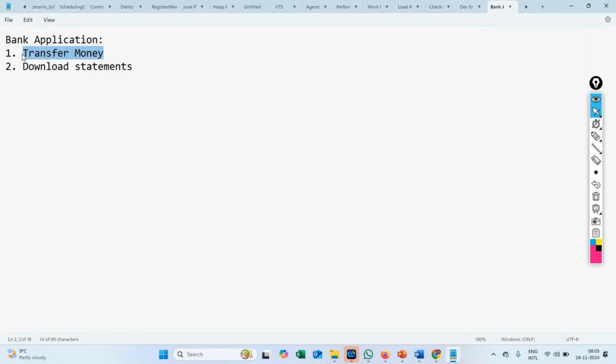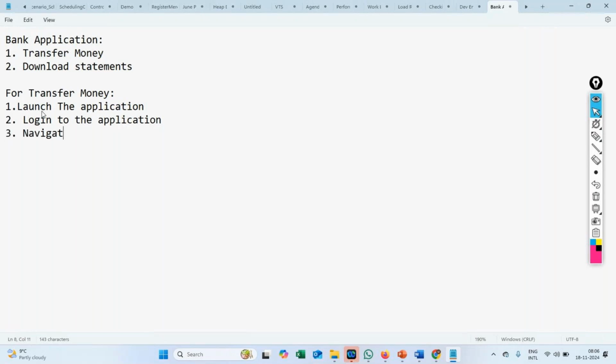Now for each of these scenarios, we will again have functional steps, the flow. For transfer money, the flow will be something like this. We launch the application, then we log into the bank application, and then we navigate to our savings account.